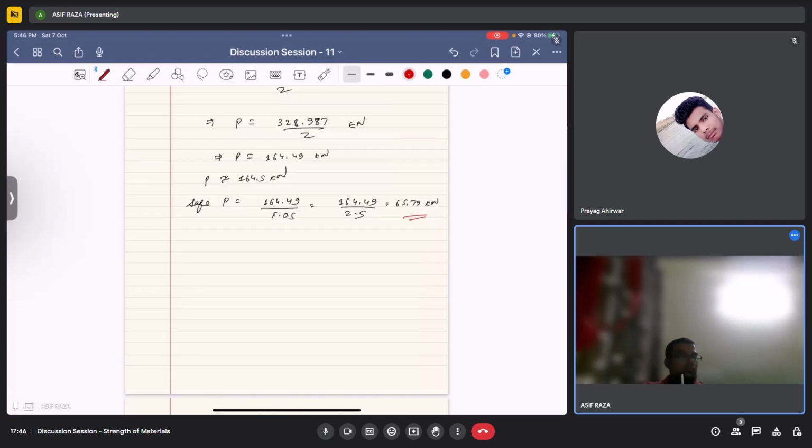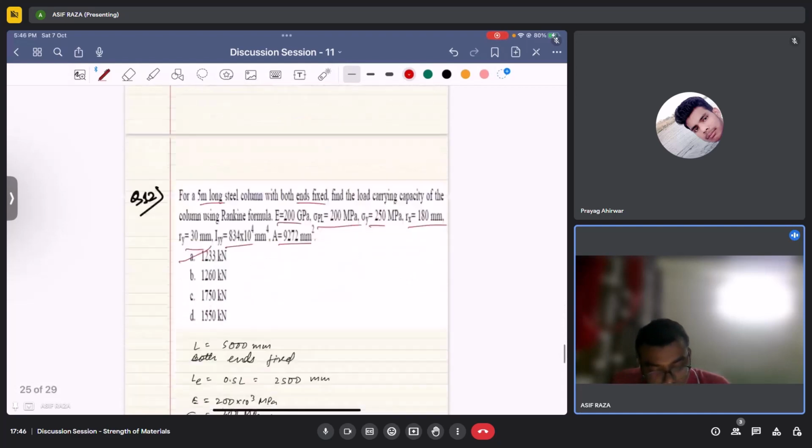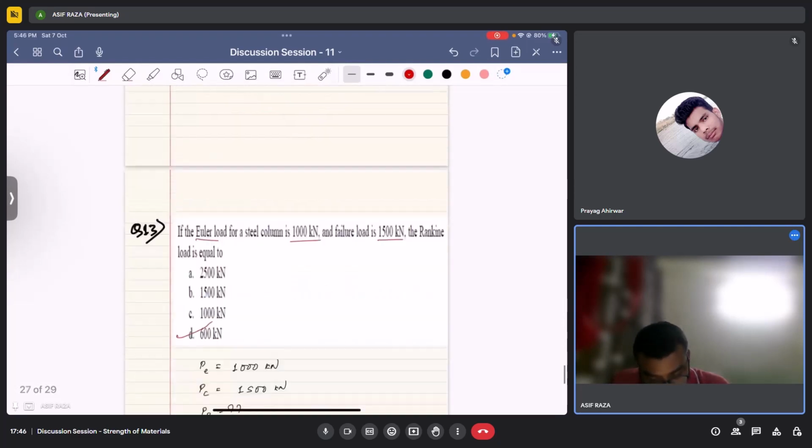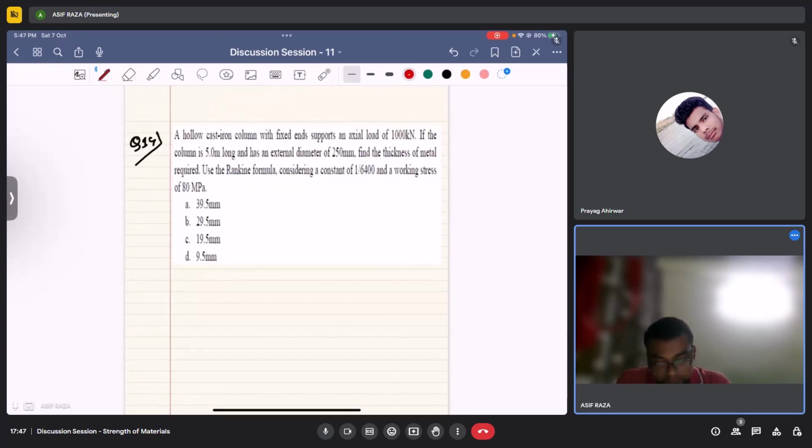Moving on to the next question, and this would be the last question for today's session. A hollow cast iron column with fixed end supports an axial load of 1000 kilonewton.